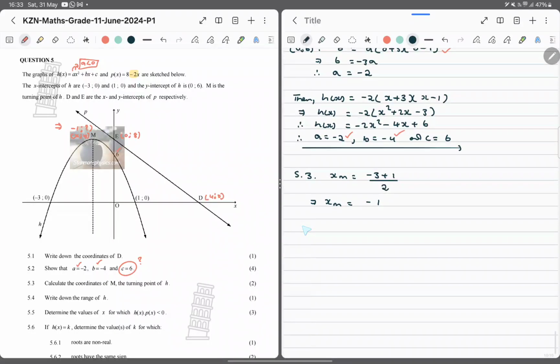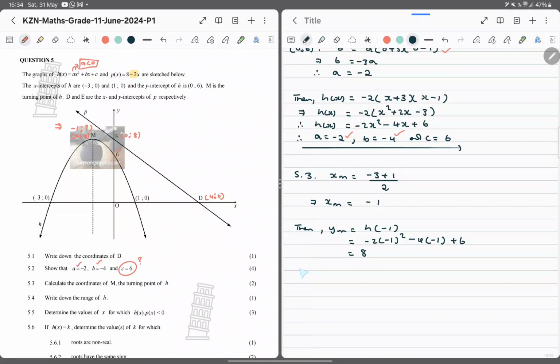Then y at M is going to be h of minus 1, which is minus 2 into minus 1 squared minus 4 into minus 1 plus 6, which is equal to minus 2 plus 4, that's 2, plus 6, that's 8.